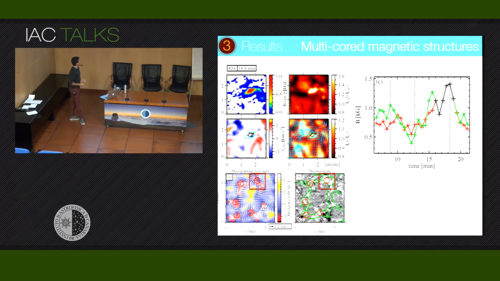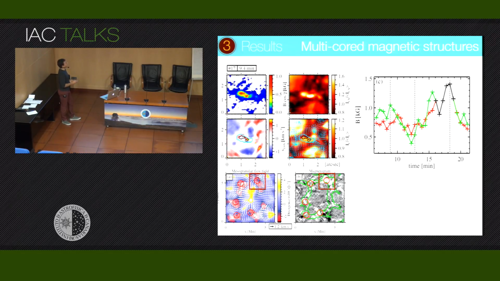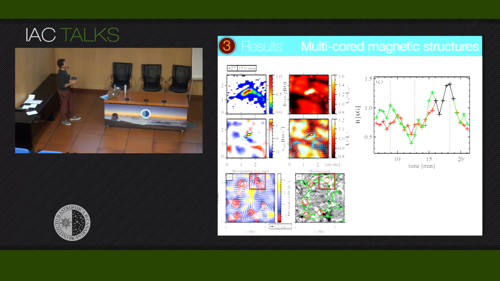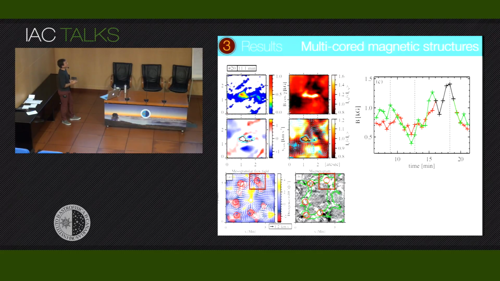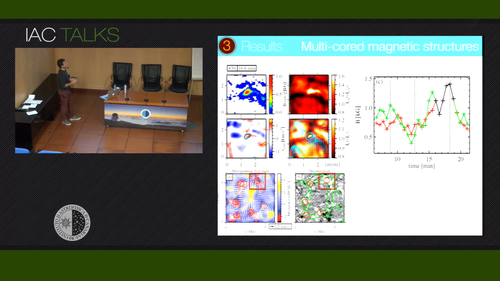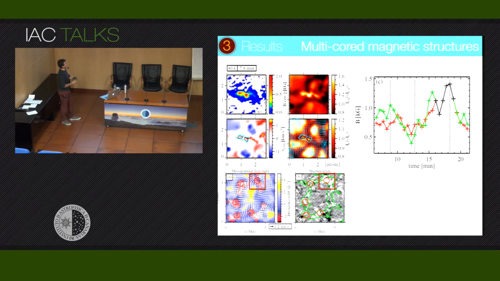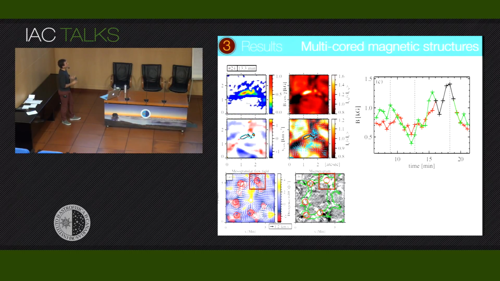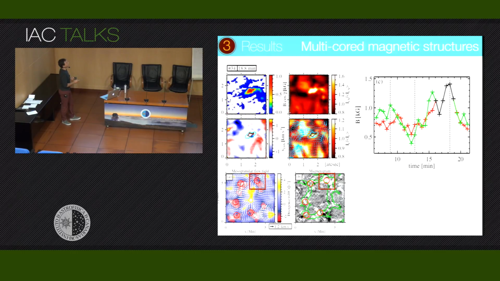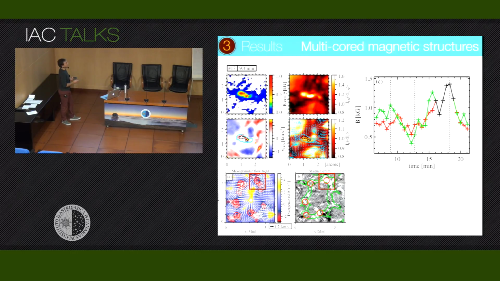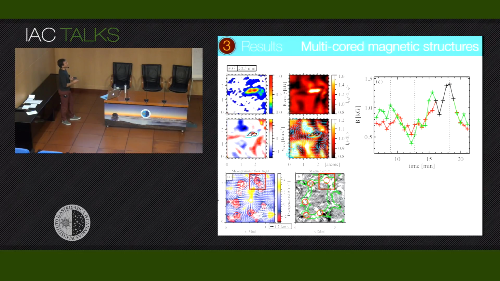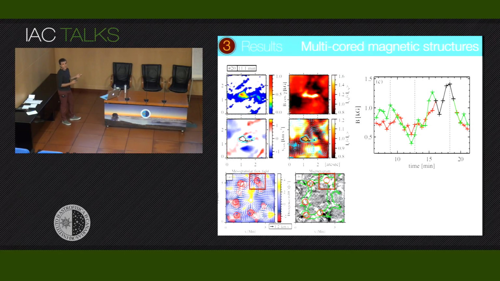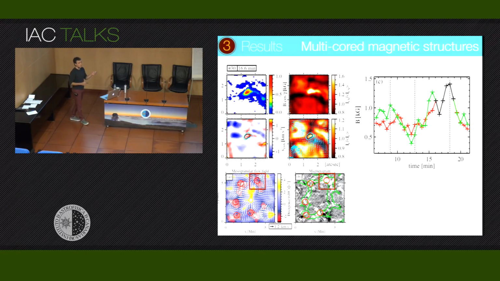Here I show the evolution of 2 different inner cores, in particular the evolution of the field strength. In green, we are following one of the inner cores, and in red, another core. And here I show one of those coalescence processes. Here, when the 2 cores merge, I show only one line, a black line, as we have just one magnetic element after the coalescence process.